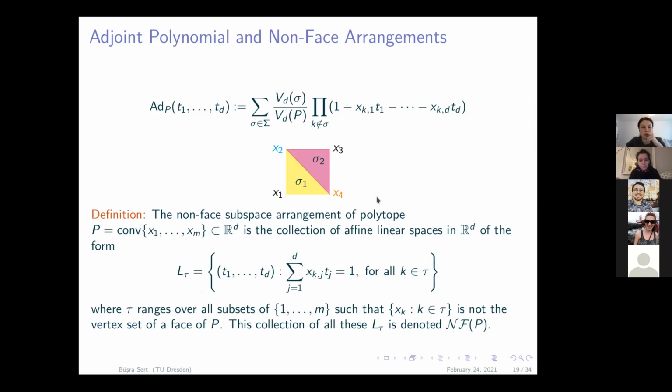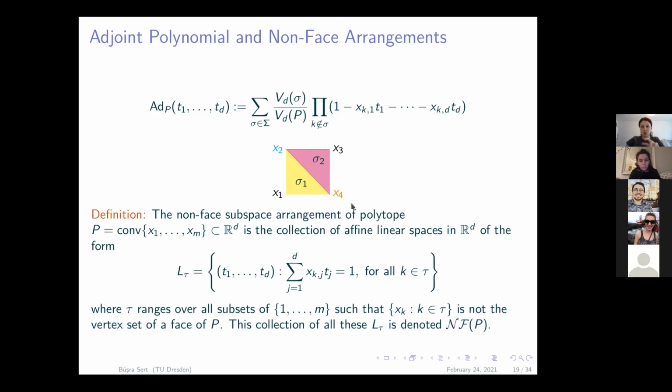There are some points to notice here. For example, for each non-face we find, such as x1, x3, there is a triangulation of our polytope such that this line segment is not a face of elements of this triangulation.